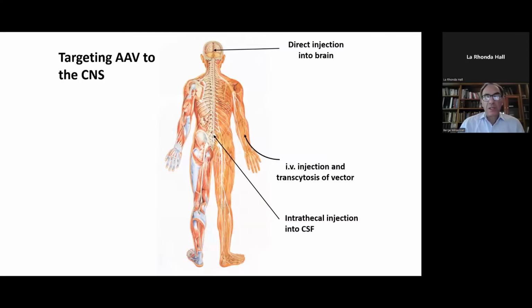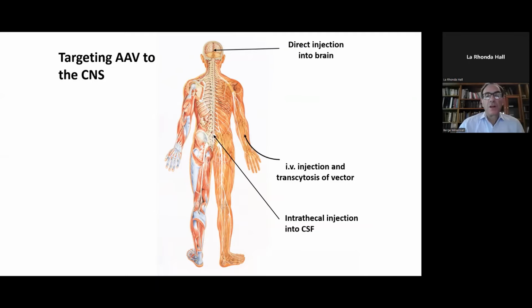The virus can be delivered IV because it's able to cross the blood-brain barrier, but the amount that it crosses the blood-brain barrier with is relatively small. And so IV approaches require a very large amount of virus, and then you end up treating all the other organs while your target is the brain, and sometimes it's not so good to treat all these other organs.